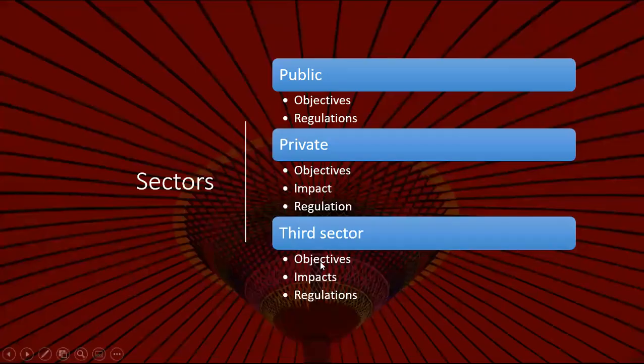And regarding the third sector, the question is very similar. What are the objectives of a third sector organization, and what is the impact of these objectives on procurement? For example, a third sector organization will have an objective of raising awareness of something, like protecting wildlife. So what is the impact of that objective on procurement? Let's say I'm working for an organization that promotes the benefit of animals.